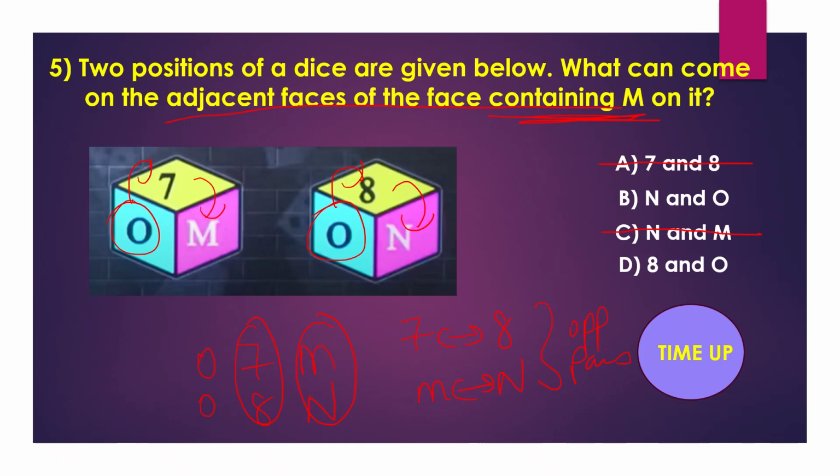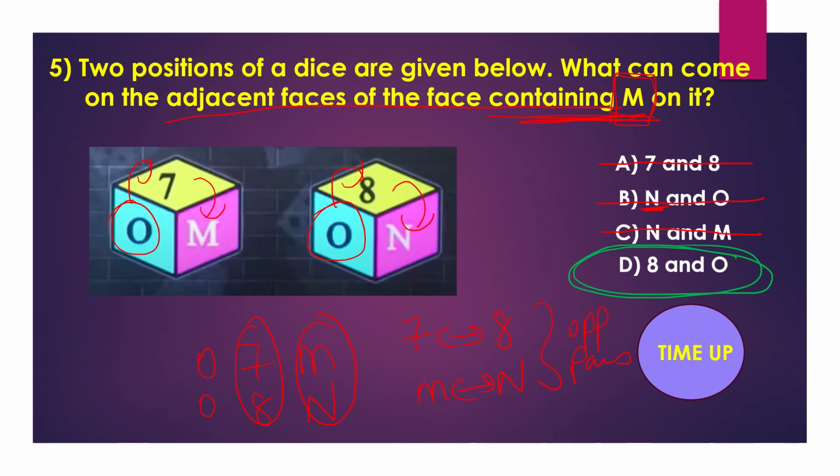But they asked the adjacent face of the face with M on it. N cannot be, because N is the opposite pair with what? M. So clearly option B is also eliminated. So what is left? 8 and O. 8 and O become the adjacent faces of M.